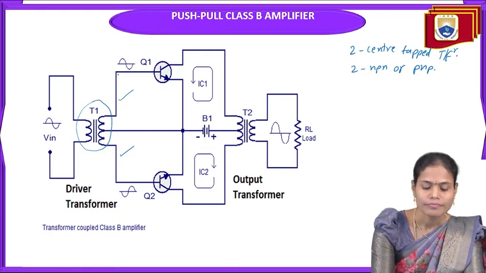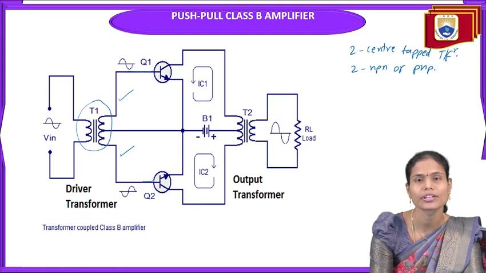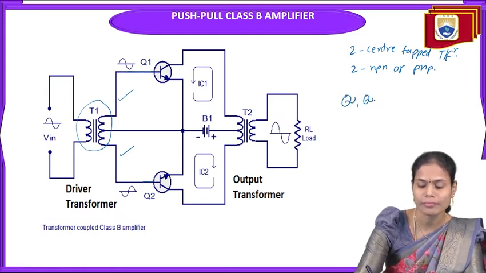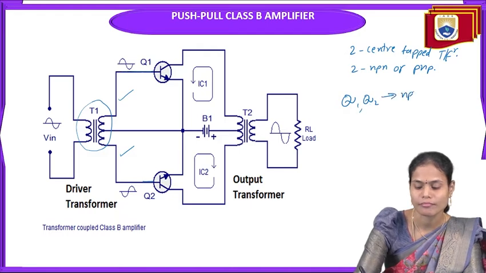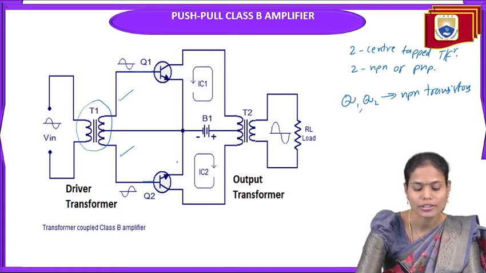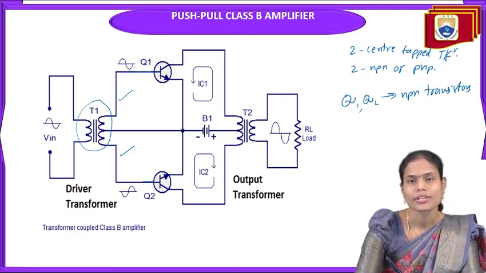The two ends of the secondary winding of the center tap transformer are connected to the bases of two identical transistors. These Q1 and Q2 are both NPN transistors here. The emitters of these two are tied together and connected to the output center tap transformer. The output of the circuit we generally take across the collector terminal of the transistor.